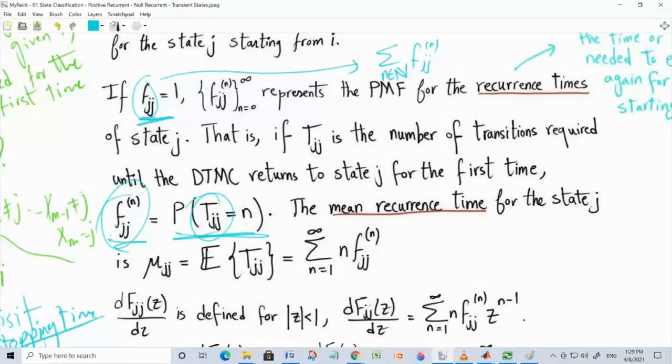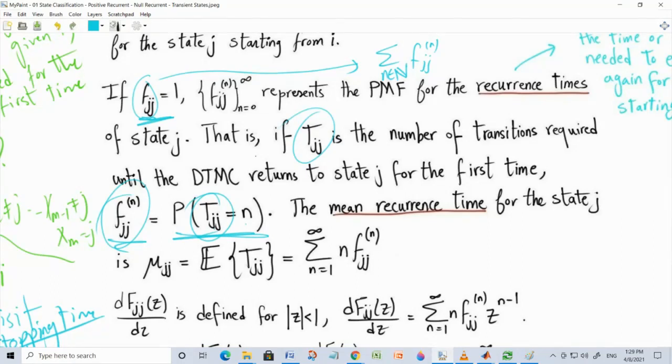But it can be strictly less than 1, which means that there is a probability that you start in J, but you never ever come back to J. So this TJJ, which is a random variable giving you the number of steps to go from J and then to enter back into J for the first time, can be a defective random variable, in the sense that one of its possible values is infinity, happening with a strictly positive probability.